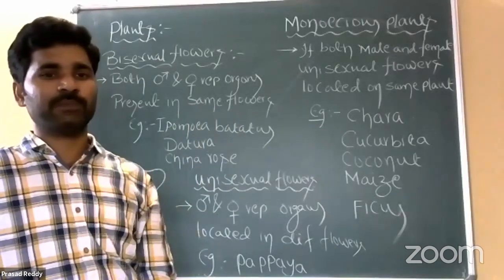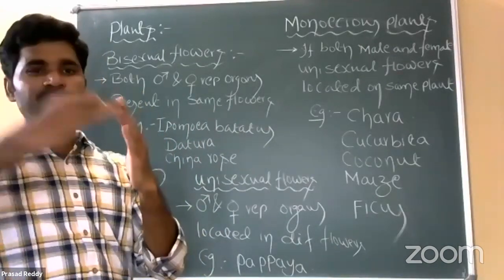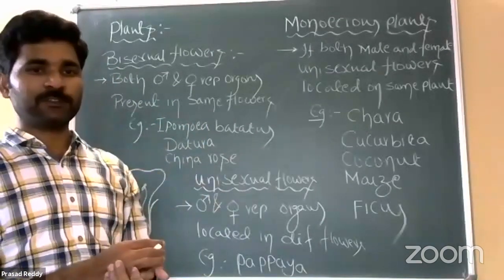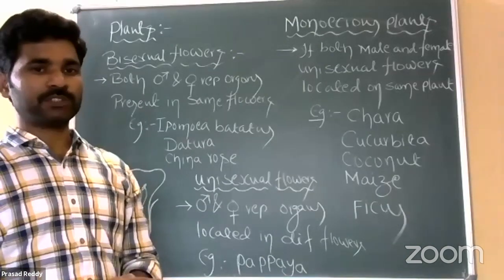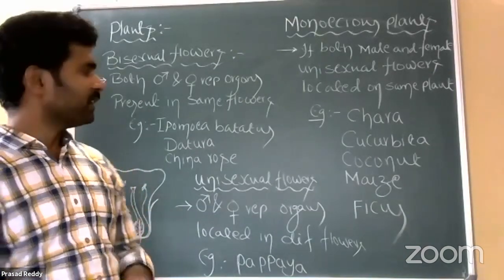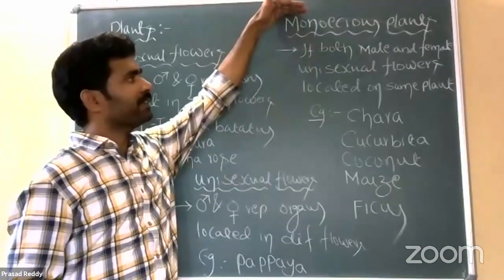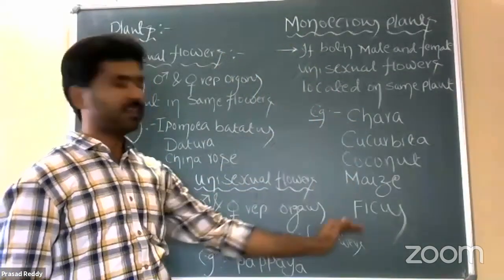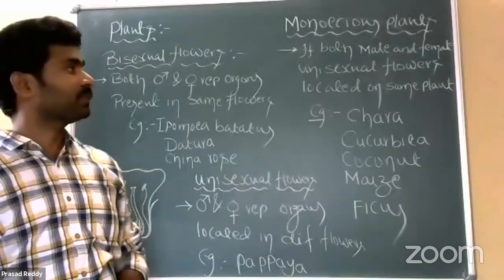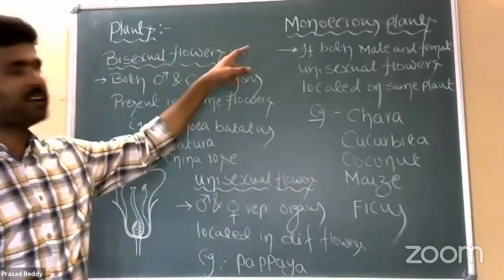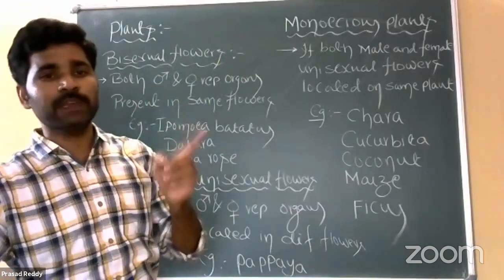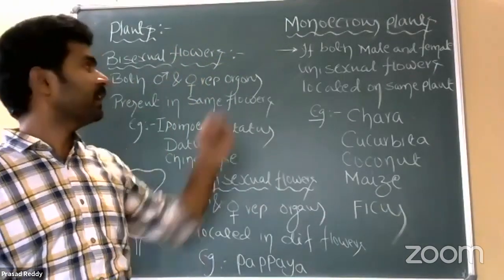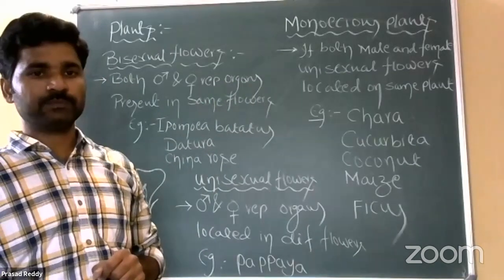Cross pollination, because the insect touches the male flowers and then reaches the female flowers. So cross pollination takes place by the insect Blastophaga in fig fruits. Now tell me, what are the examples for monoecious plants? Chara, cucumber, coconut, maize, and Ficus species. And what are monoecious plants? If both male and female unisexual flowers are located on the same plant, they are called monoecious plants.